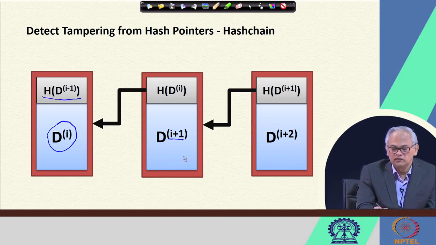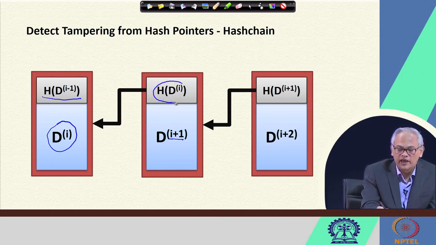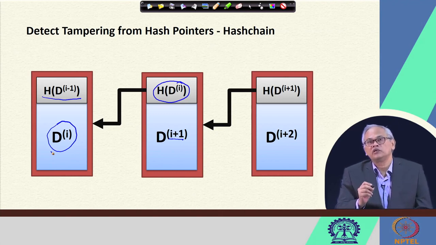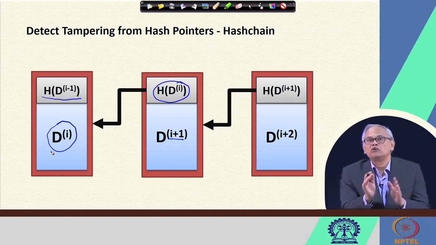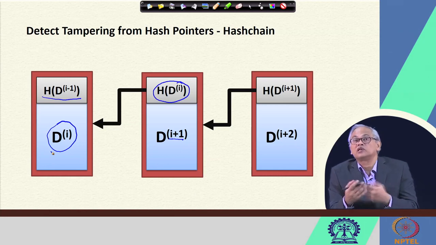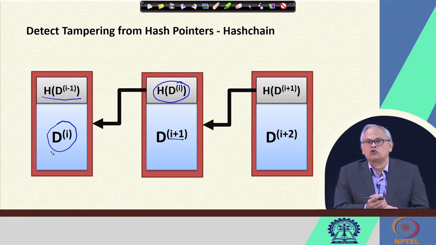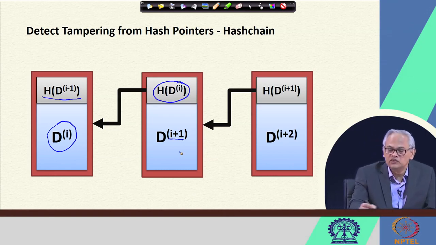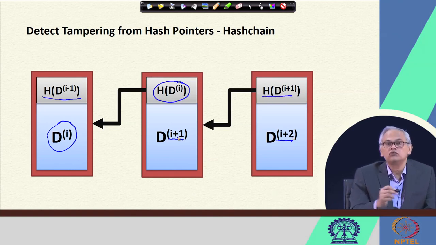For the (i plus 1)th block, the hash will be the hash of this data, but it is not going to be simply the hash of the data; it will be a hash that also has certain properties, like the restrictions we talked about in the previous slide. And then from d i plus 1, I also have a d i plus 2, whose hash pointer will be pointing to this data.